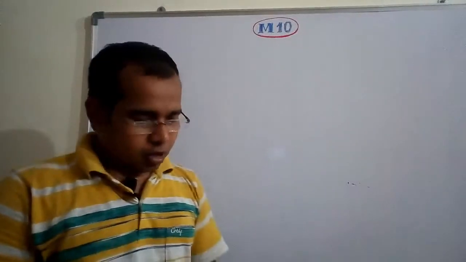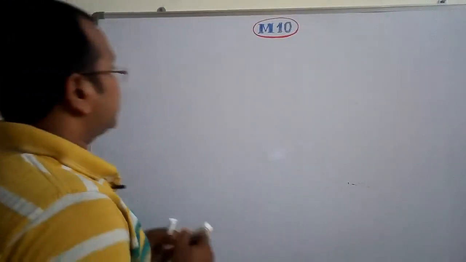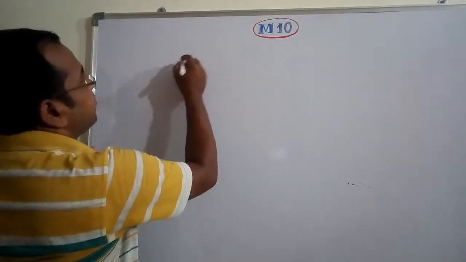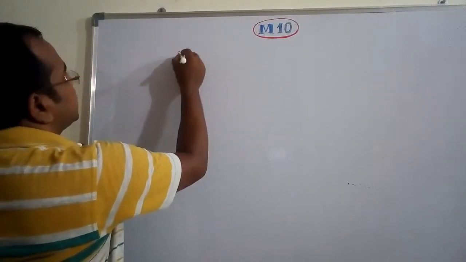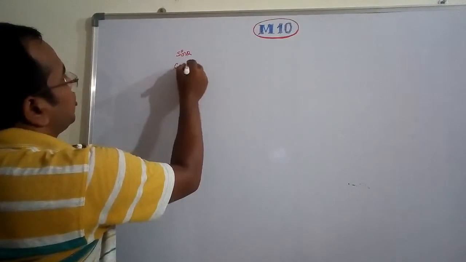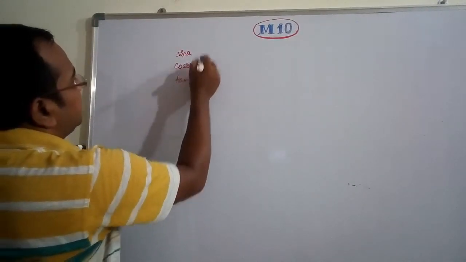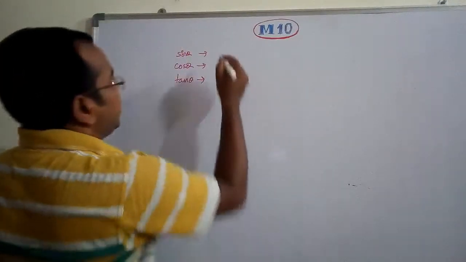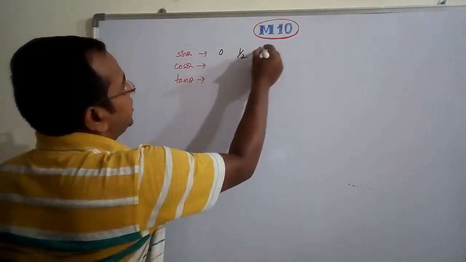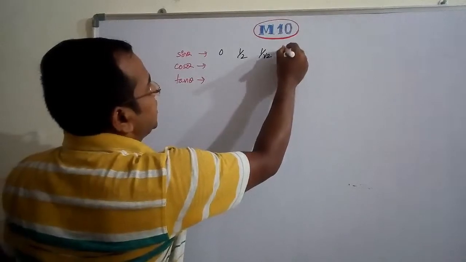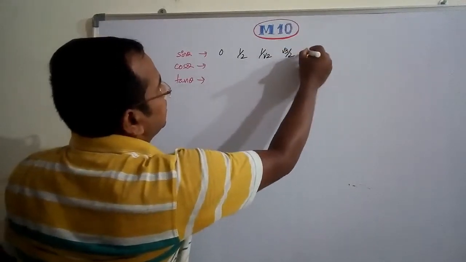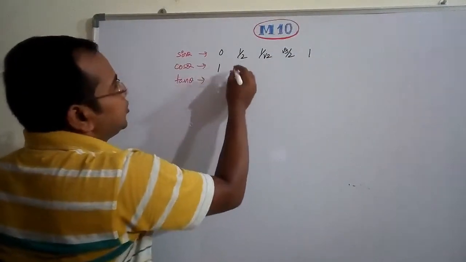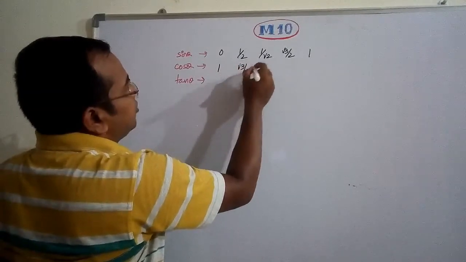Now, if we are going to solve numericals, let us write those trigonometric values again. So you will get sin theta, cos theta and tan theta. I am writing it here so that it will be easier for you to see those values and to solve the answers.